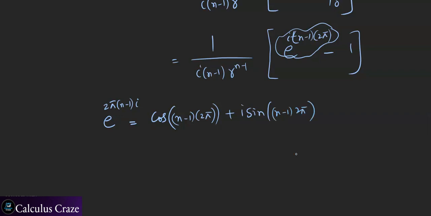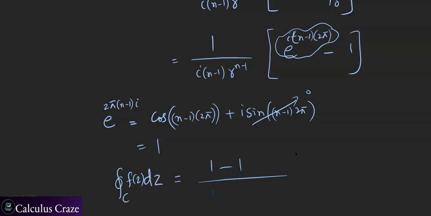You know this is a multiple of 2 pi, so the sine should be 0, and the cosine of a multiple of 2 pi is equal to 1. So when we substitute this value 1 over here, what we are left with is that the integral over this curve of this function is 1 minus 1 over iota times (n minus 1) r to the power n minus 1, which is basically 0.